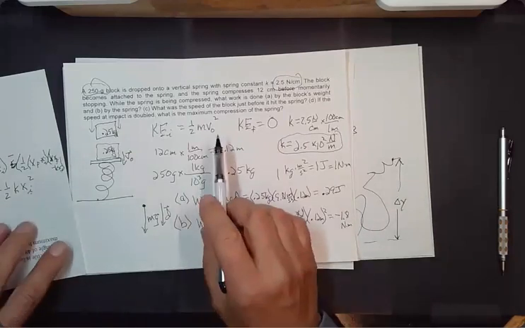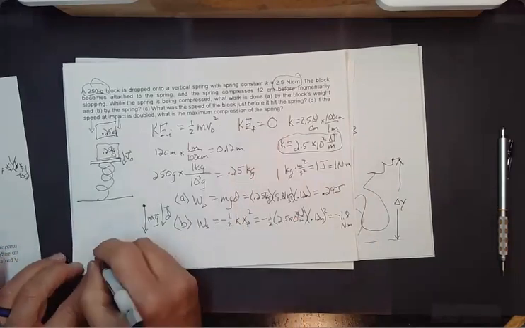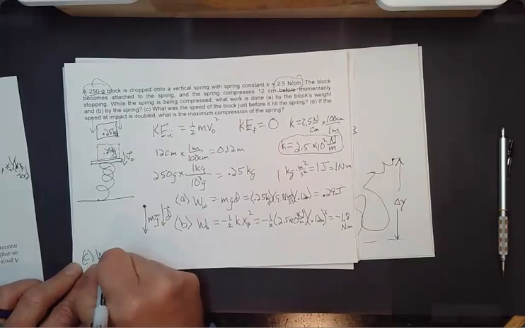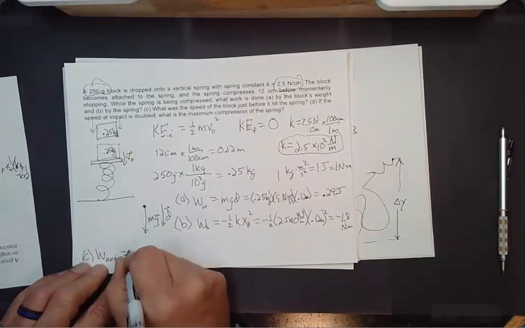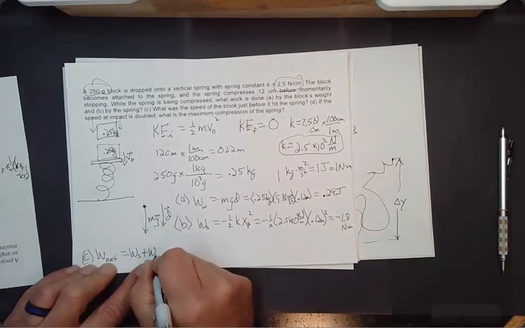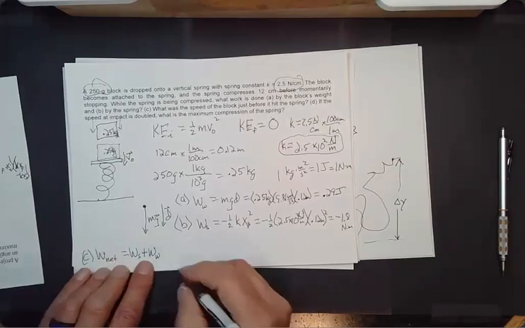Okay, what does C ask? Oh, what was the speed of the block just before it hit the spring? Well, the net work, which is going to be W sub S plus W sub W. And when I look at these things, I have to take into account their signs.